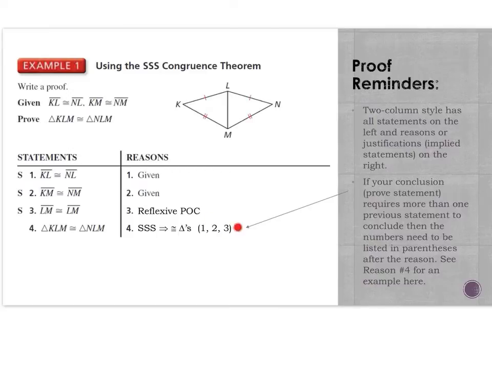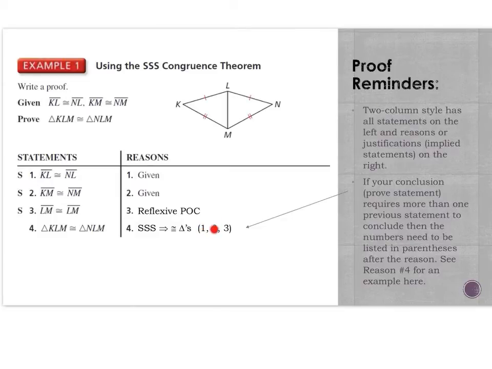All right, so this parentheses with all these numbers. Let's take a moment to discuss this. Basically, you need to include these numbers that represent the statements that are needed for this final conclusion. We needed to state that side KL was congruent to NL, which is statement 1.